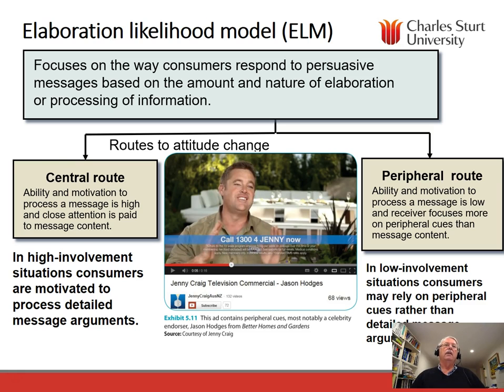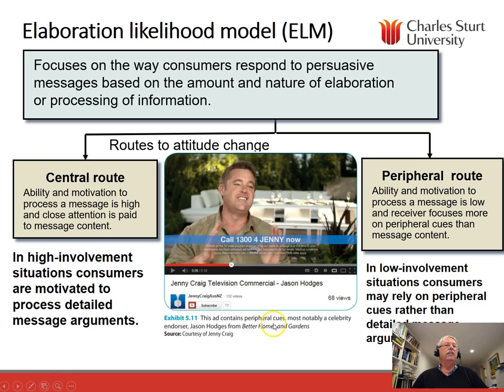And the peripheral route, on the other hand, is when I don't really care much. There's a low involvement situation. So basically, consumers are not going to look at the detailed arguments, they'll rely on peripheral cues. So for example, we have here this Jenny Craig television commercial with Jason Hodges in the middle.